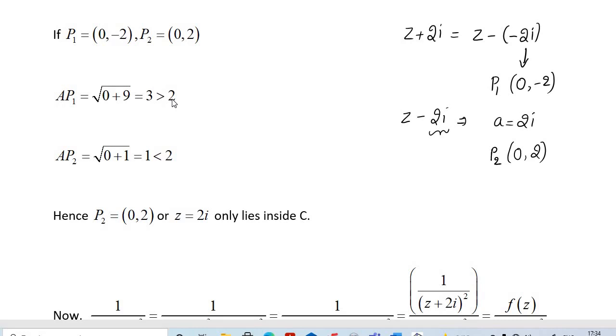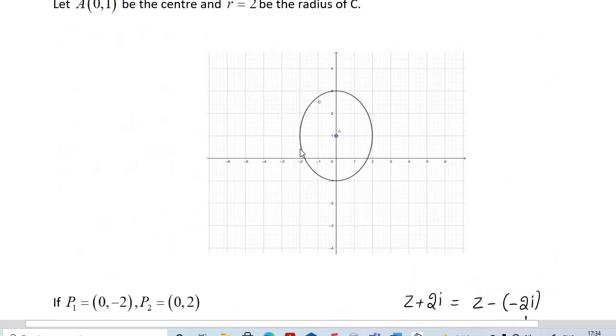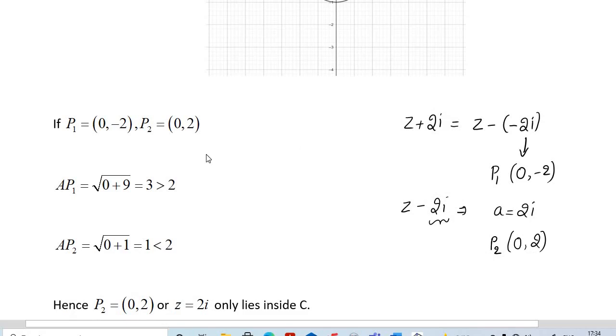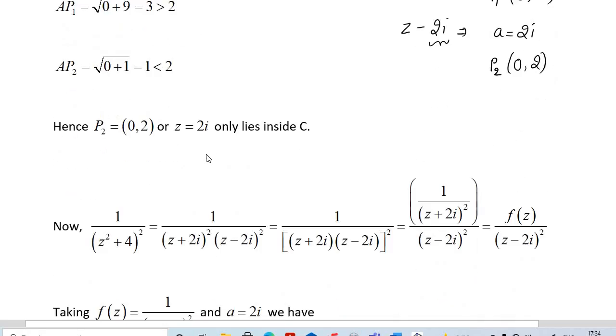Here 2 means radius. Whenever the distance is greater than the radius, then that point lies outside. Here the distance is 1, and 1 is less than 2. That's why P2 lies inside C. Otherwise you can see by the diagram itself, P1 point lies outside, P2 point lies inside.